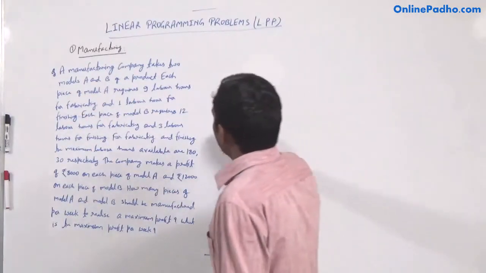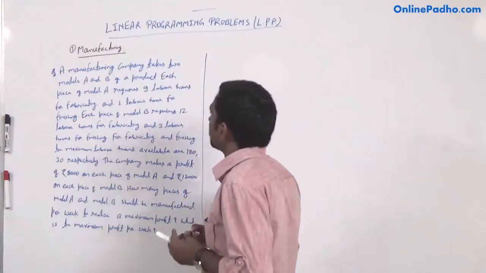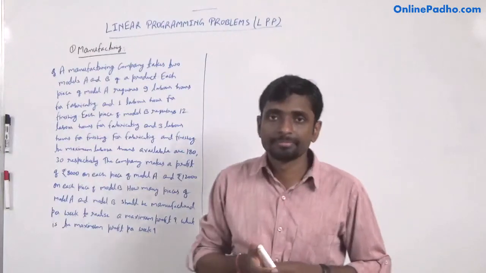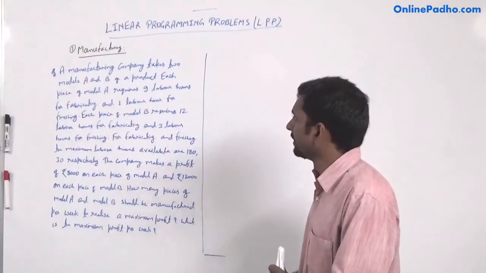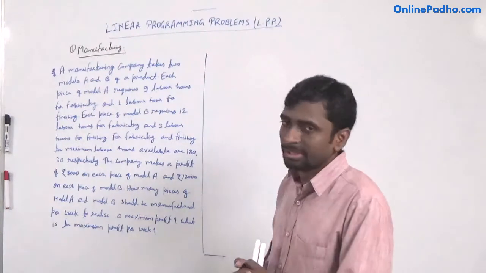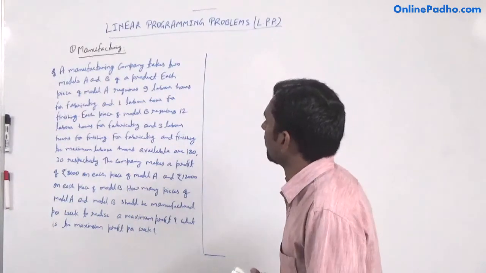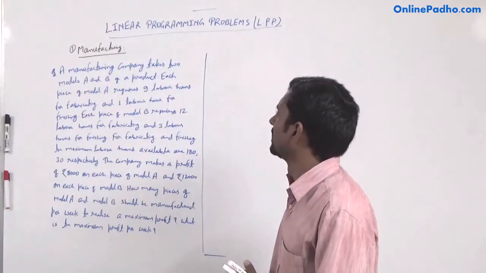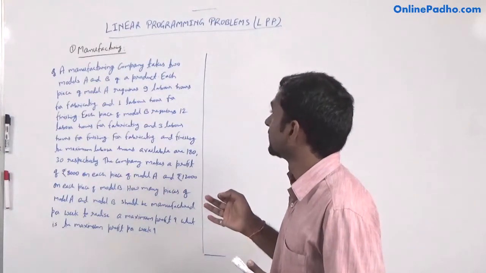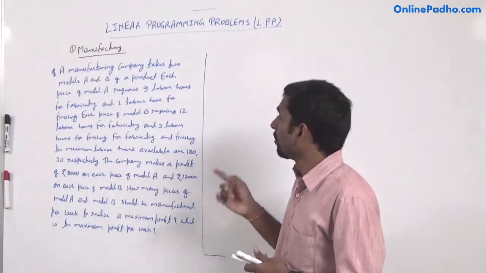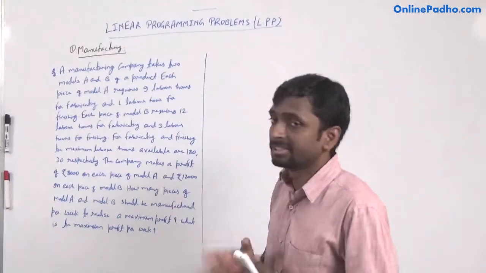A manufacturing company makes two models of a product. For example, a company makes two types of shirts, type A and type B. Each piece of model A requires 9 labor hours for fabricating and 1 labor hour for finishing.